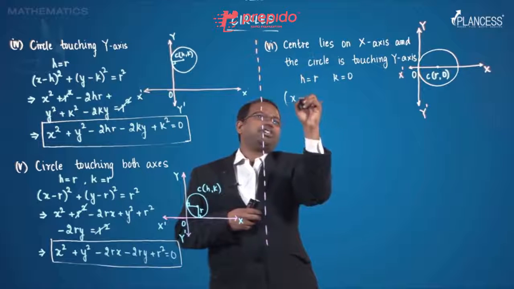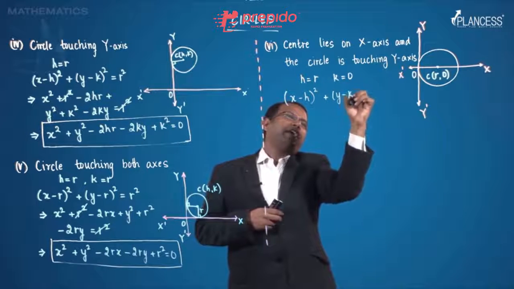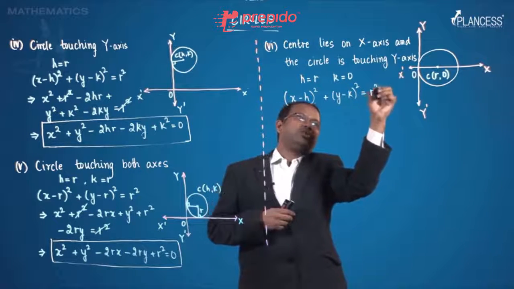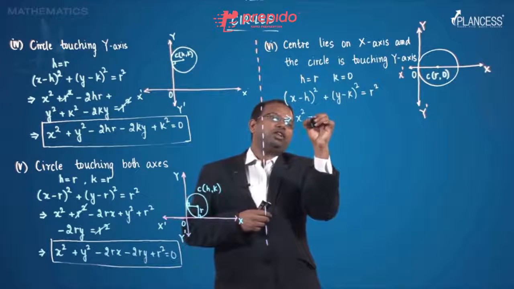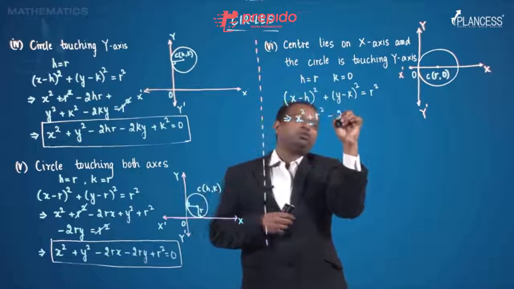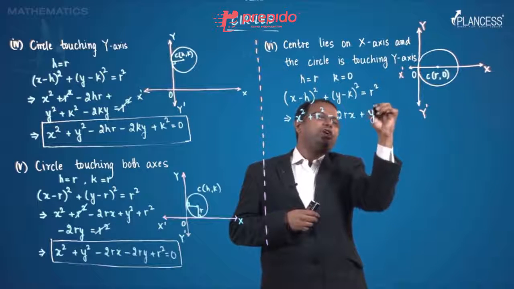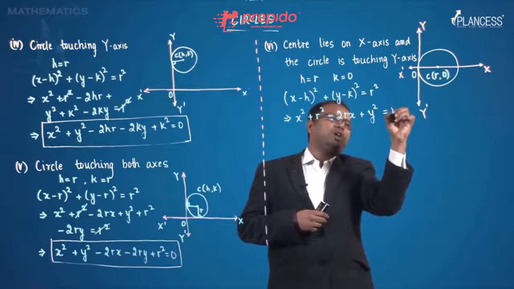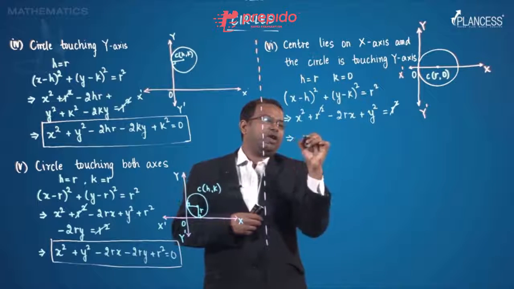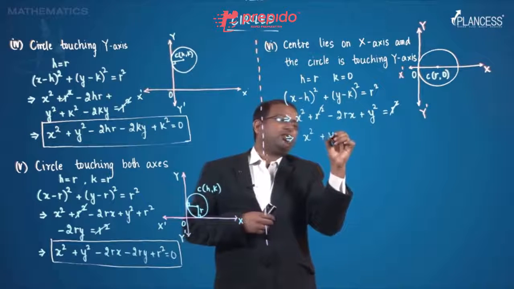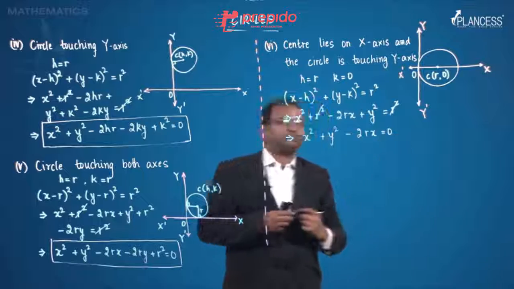So the standard equation that we have, (x minus h) whole square plus (y minus k) whole square equal to r square, becomes x square, instead of h we will put r, so we have plus r square minus 2rx plus, here k will become 0, so we have only one term from this expansion, and that is y square equal to r square. r square again gets cancelled, and what we have is x square plus y square minus 2rx equal to 0.